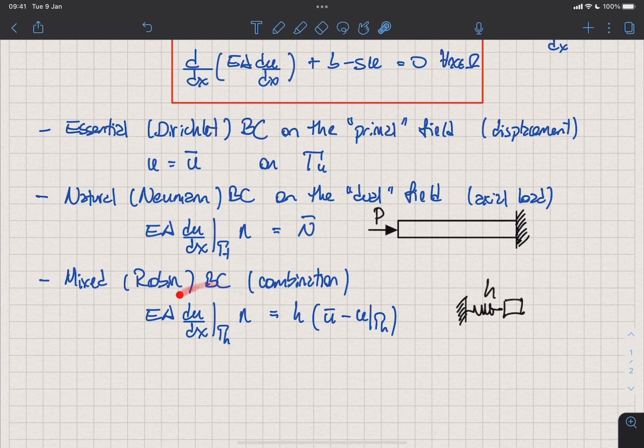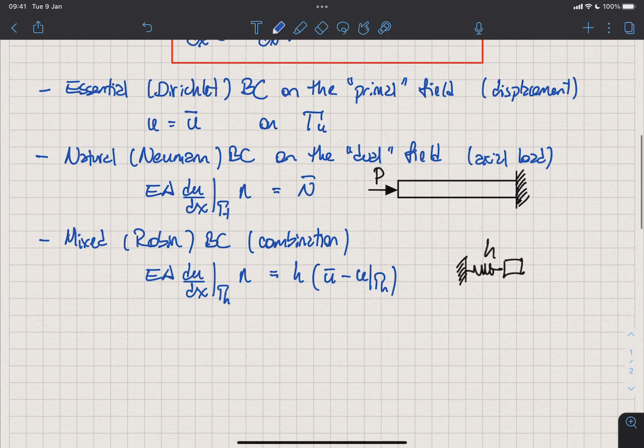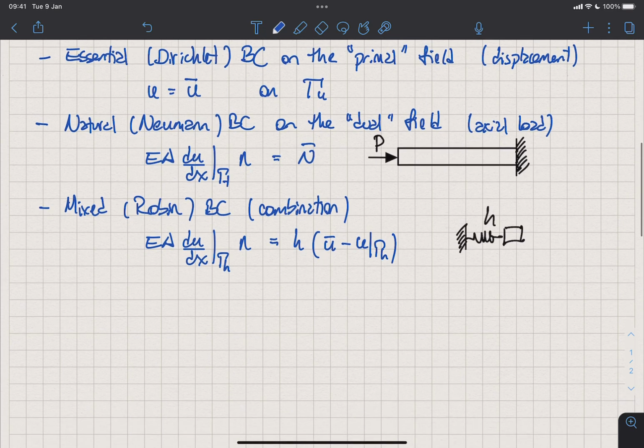And then this term has to be replaced. And in the case of a Robin boundary condition, we replace it with this quantity. But we're going to get there. Okay. So far, so good. The H is just like the elastic modulus of the spring. Yeah, it's the elastic constant of the spring.